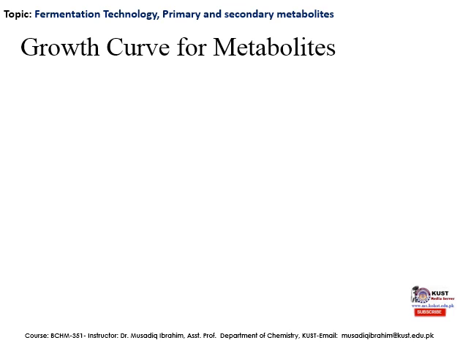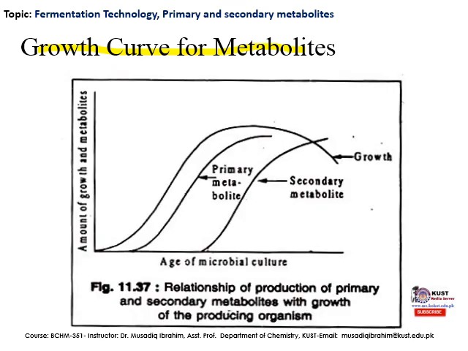Now, as we have discussed the growth curve for the microbes, we are moving towards the growth curve for metabolites, which are also produced during the life cycle of the microbes. So this graph shows the relationship of production of primary and secondary metabolites with growth of the producing organism.